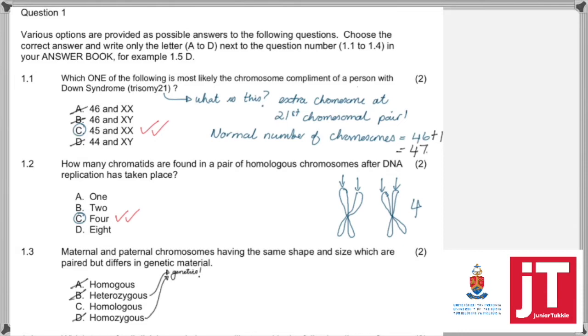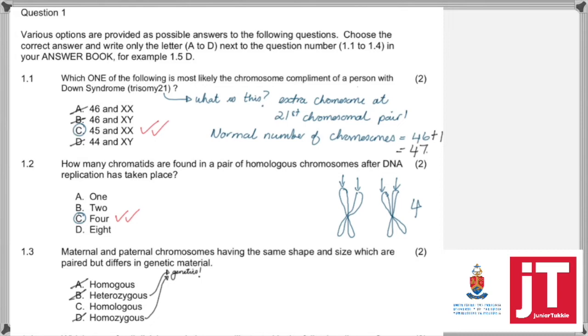If we look at question 1.3, maternal and paternal chromosomes having the same shape and size, which are paired but differ in genetic material, we can look at the words. Now we can identify with some of these. Homologous chromosomes, no, it's not something that we've heard before. Heterozygous, we've heard before, but that forms part of our genetics section. Homologous, yes, I would say that's definitely the answer that we're looking for there.